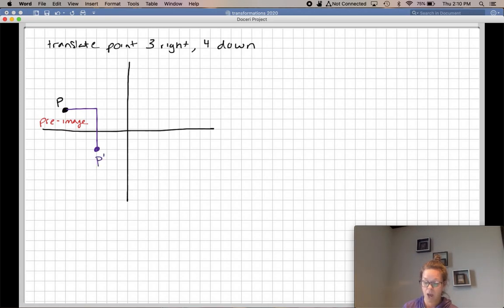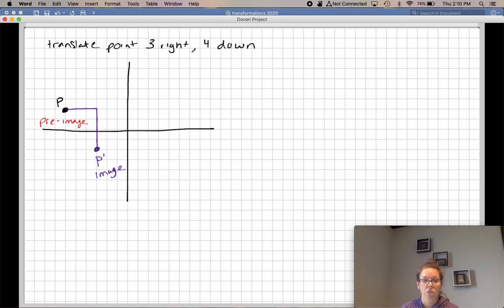I'm going to call that P prime, and I'm going to call that the image. That is the end result after it has been transformed. So the pre-image is before transformation, the image is after transformation.